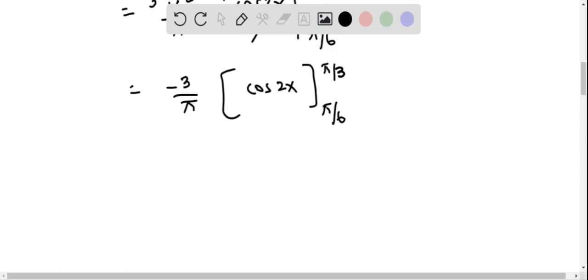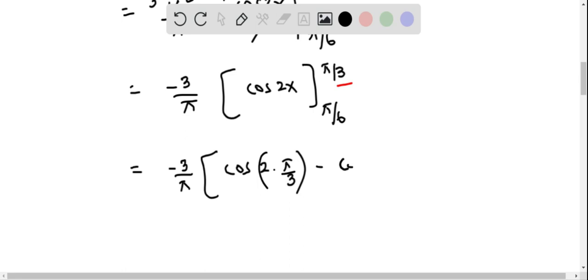So let's apply the upper limit. Therefore this becomes negative of 3 by pi. When we apply the upper limit, that is pi by 3, we will get cos of 2 times pi by 3, minus, when we apply the lower limit, cos of 2 times pi by 6.